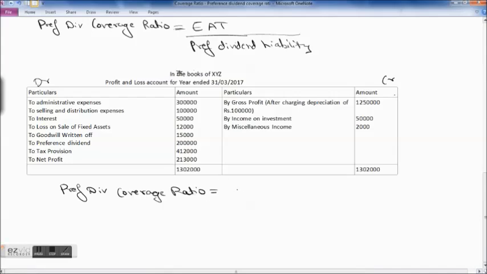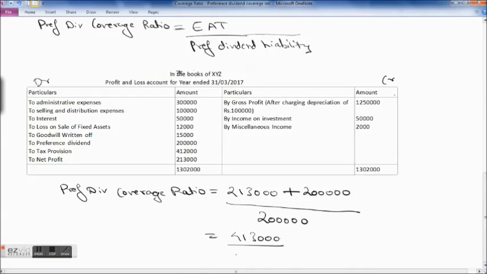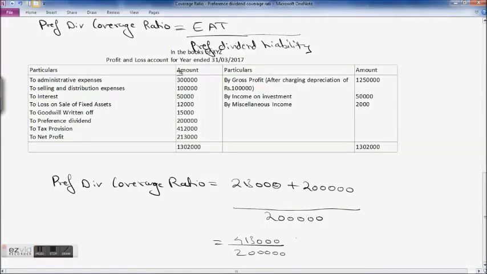So earning after tax will be 2,13,000 plus preference dividend of 2 lakh, divided by your preference dividend liability of 2 lakh. So it comes to 4,13,000 divided by 2 lakh. So that comes to 2.065.